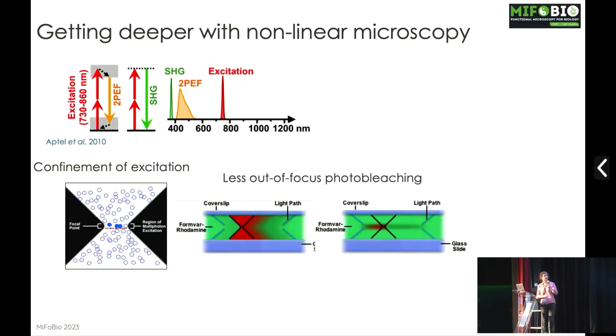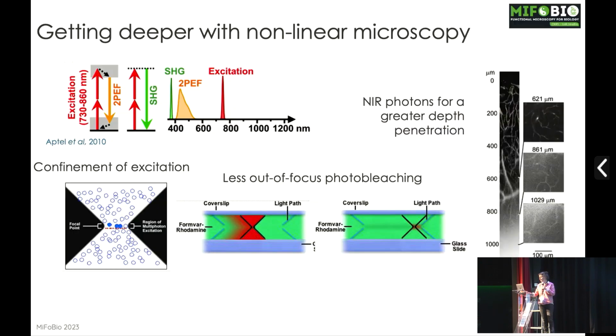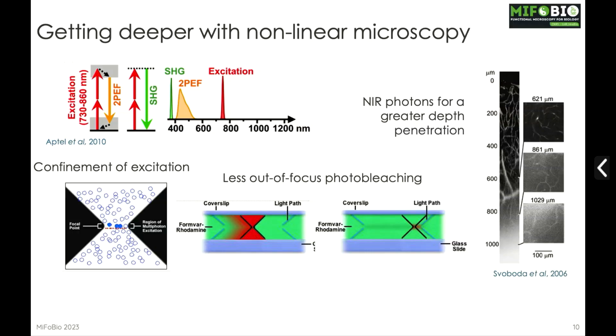Another benefit is that you will bleach your sample mostly on the plane that you are imaging, and as Hervé stated as well, you can go really deep into the tissue.